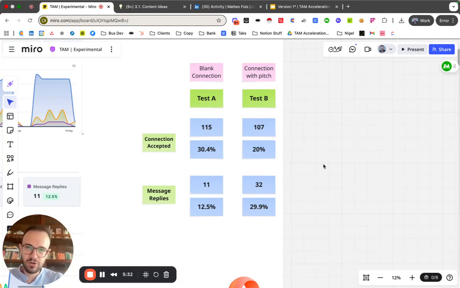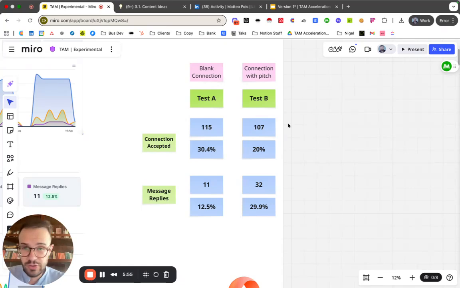You might have fewer connection requests accepted, but you will have way more replies, either at the connection request or at the following messages, because every person that accepts will be someone who could actually be interested in your offer. And all the people that don't accept are people that are not interested.